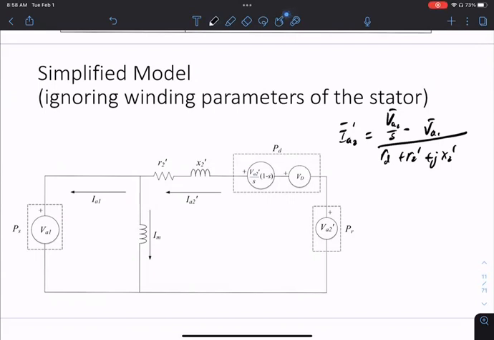This is your current flow. And I1, minus VA1 over JX. Okay. Any questions about this? Again, same equation as before, except you have this new term coming. Right? So that's our equations.